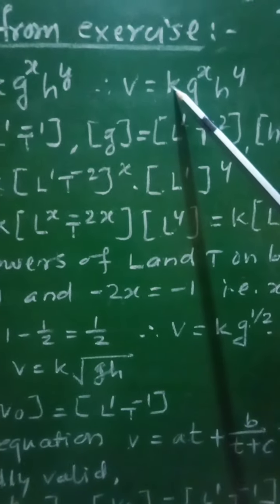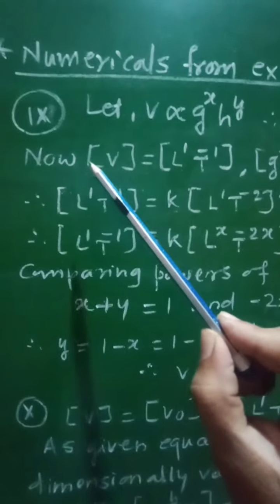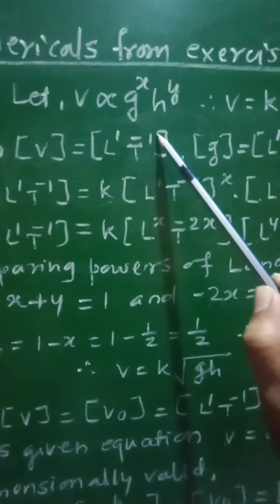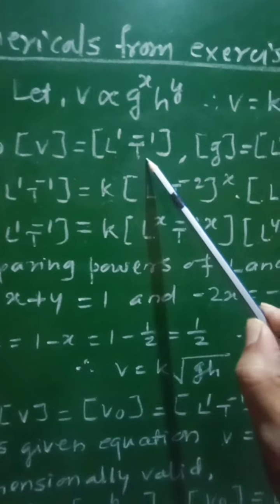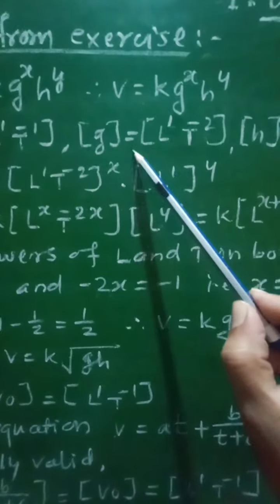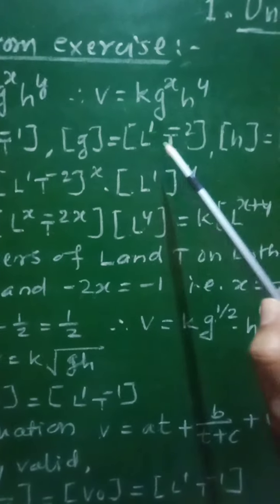Now the dimensions of phi, that is velocity, equal to L raised to 1, T raised to minus 1. Dimensions of acceleration due to gravity g equal to L raised to 1, T raised to minus 2.